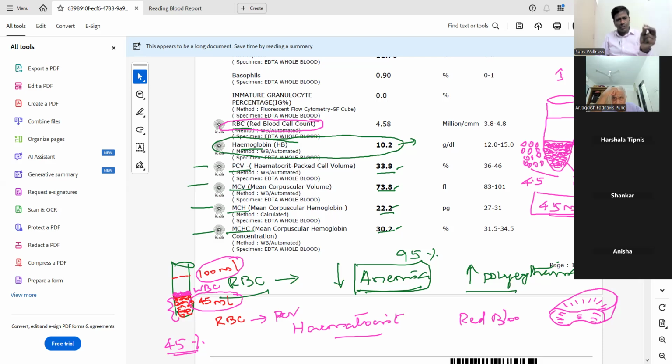But if I ask you to put amla, which is much smaller compared to oranges, you can put more than 25, 30 or even 50. Volume is the same, 1 liter. But if the individual item sizes are bigger, then the number will come down. If size is less, the number will be more.